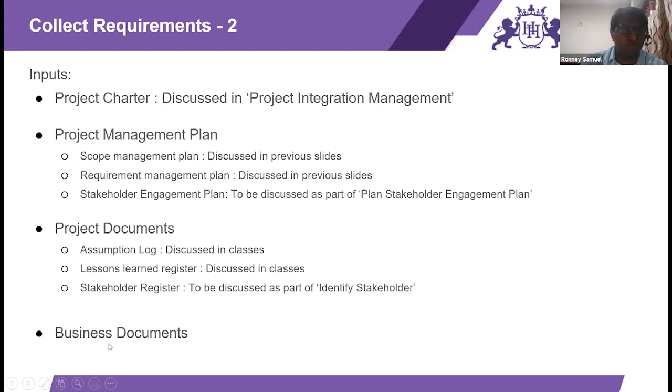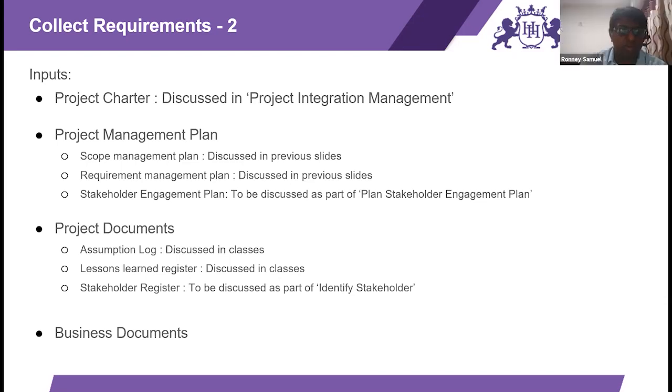Which are the business documents we have studied? Have you studied any business document? Yes. NDAs, non-disclosure agreements, or the contracts. No, we have studied the business case document. What is it?